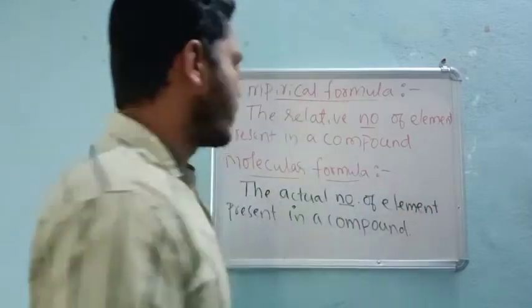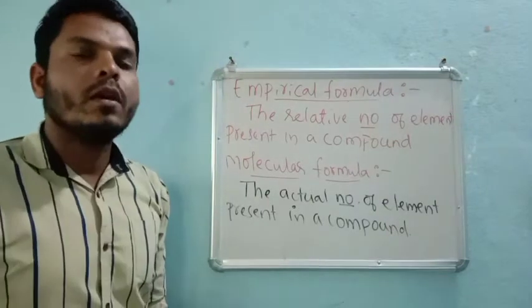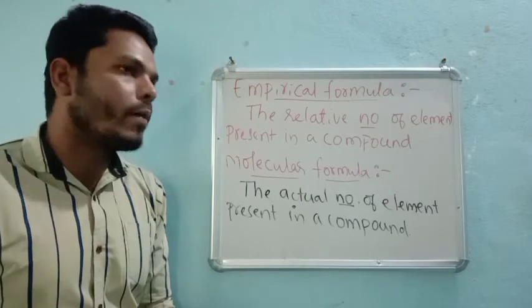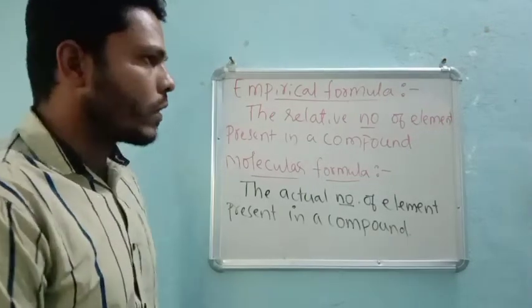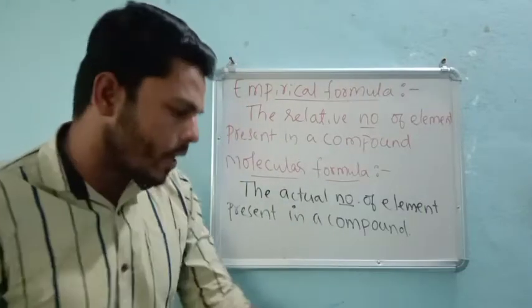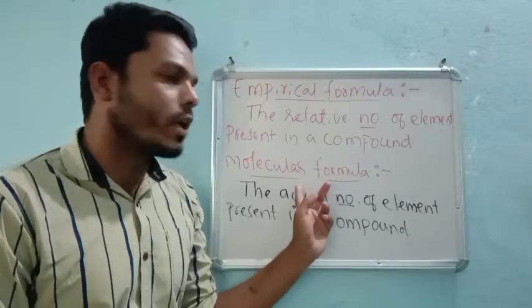The actual number of elements present in a compound is nothing but the molecular formula. The molecular formula and empirical formula are very important to find out the compound name, right? Later we will have some problems on these two, empirical formula and molecular formula.